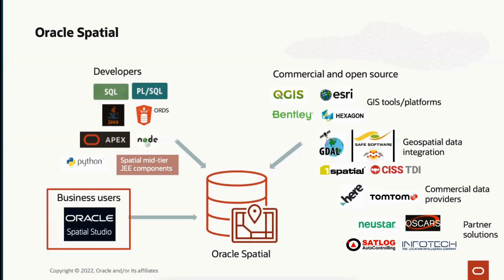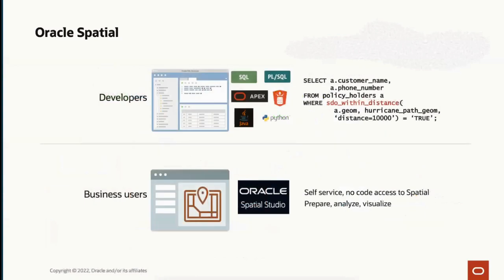So to drill down one level further, the main way people typically think about getting started with Oracle Spatial is to work with the data and the SQL API like you would with any other data.